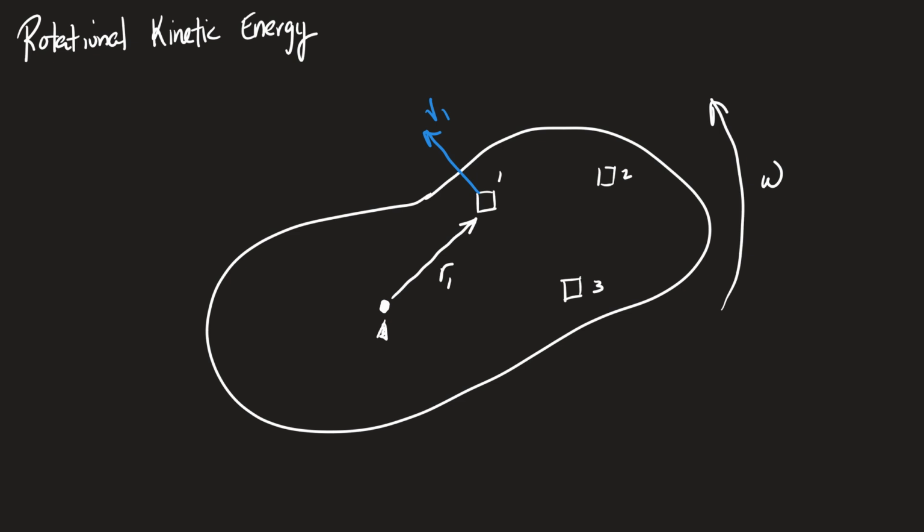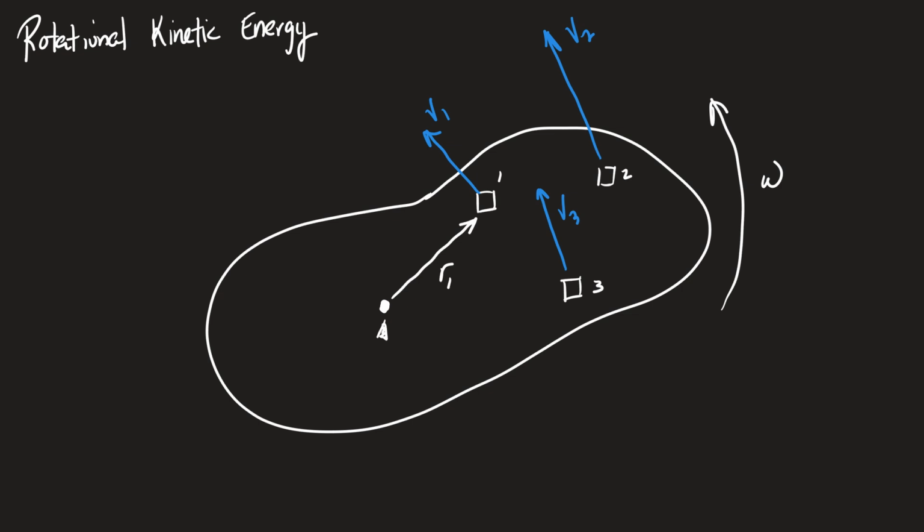I'm pretty sure piece 2 is probably moving with a bigger velocity v2, it being further away from the pivot point. And piece 3 has a third velocity in the middle of those two, it being further away than piece 1, but not as far as piece 2.